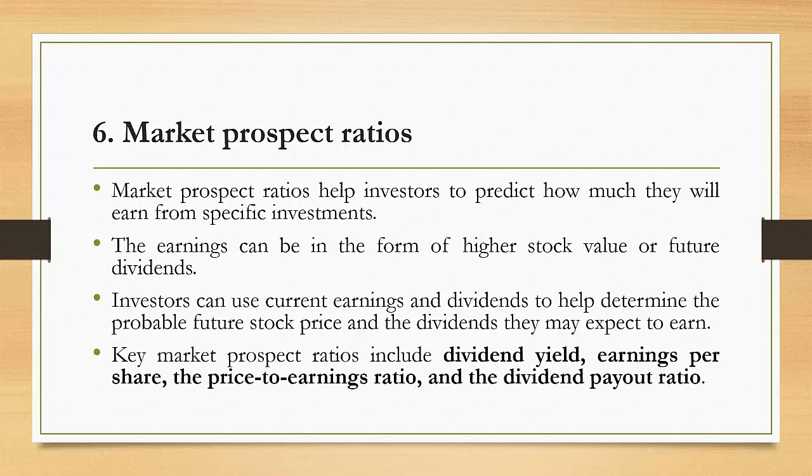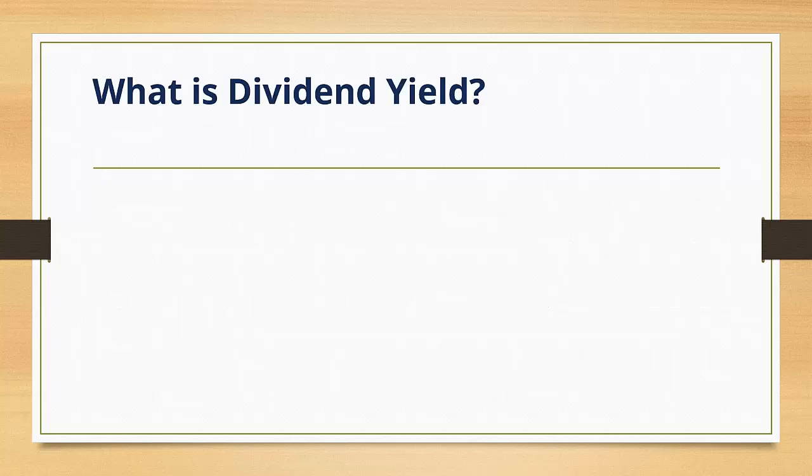The key market prospect ratios include dividend yield, earning per share, the price to earning ratio, and the dividend payout ratio. We will cover all these ratios in detail. So let's have a look at the dividend yield ratio.